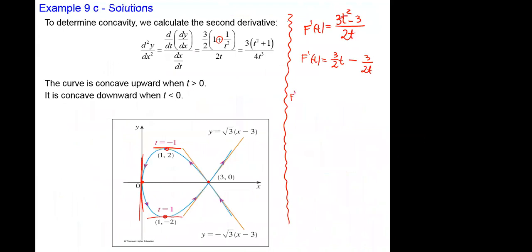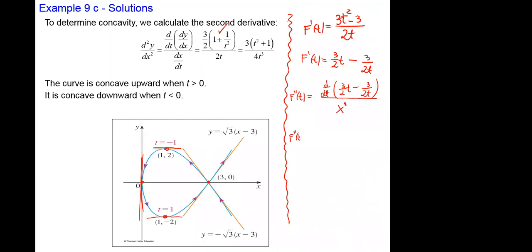Let's differentiate again with respect to t, and you will help me. That's the derivative, I think this is correct. Now let's divide by the derivative of x. Remember that.